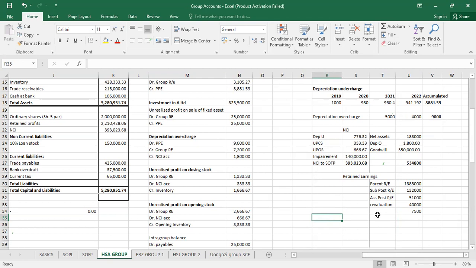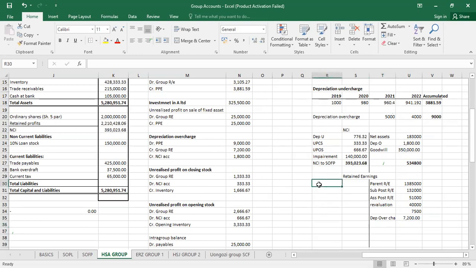Also we have depreciation overcharge, so debit overcharge equal to the one that was going to retained earnings.